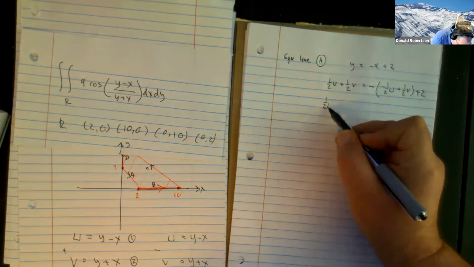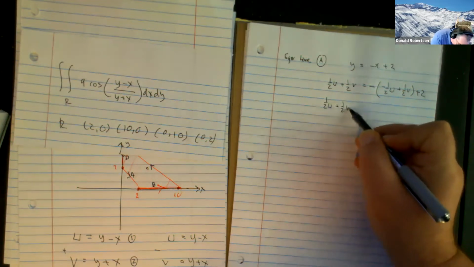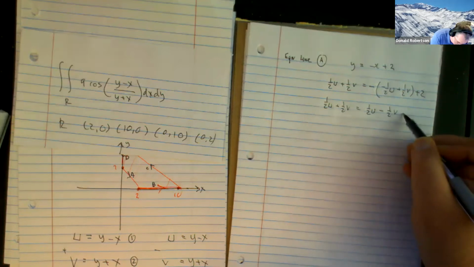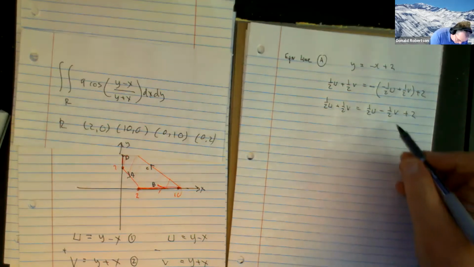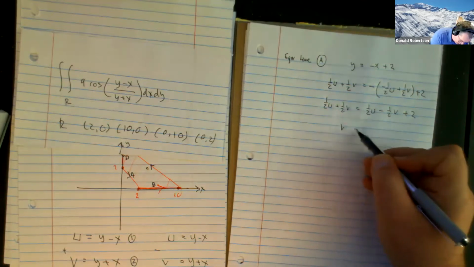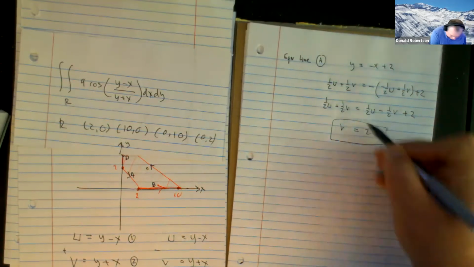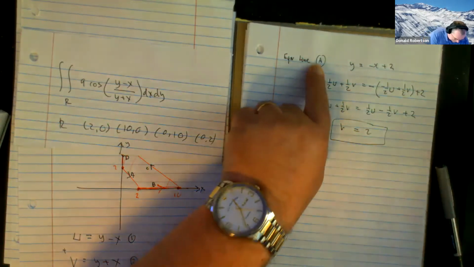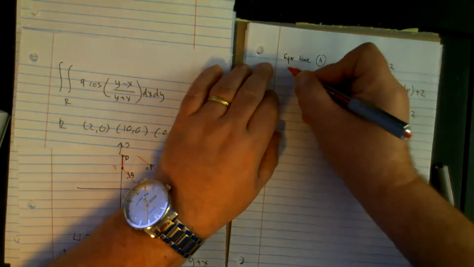So I have a half u plus a half v equals a half u, take away a half v, add 2. If you subtract a half u from both sides, you get v equals 2. After all that hard work, we now have v equals 2. So that line gives me u equals 2.